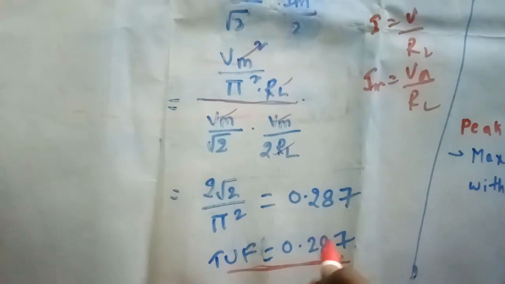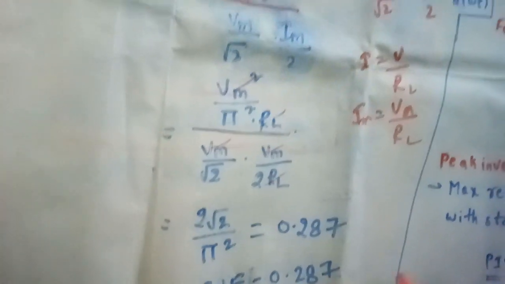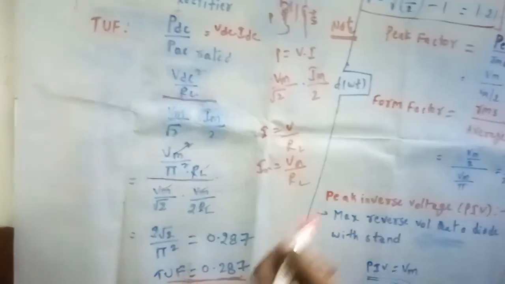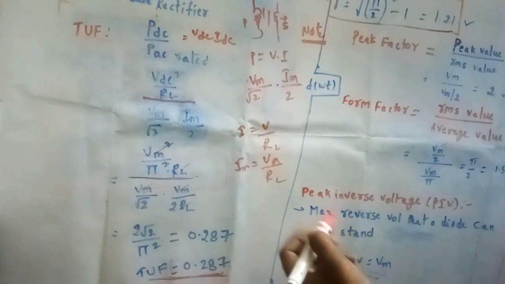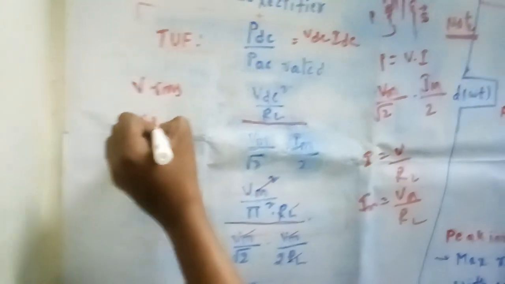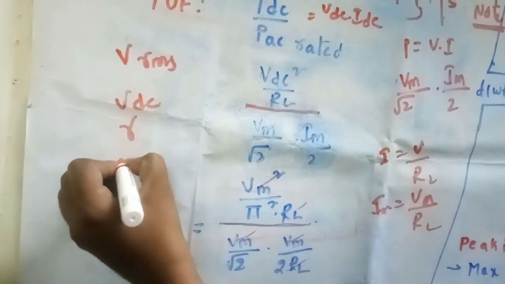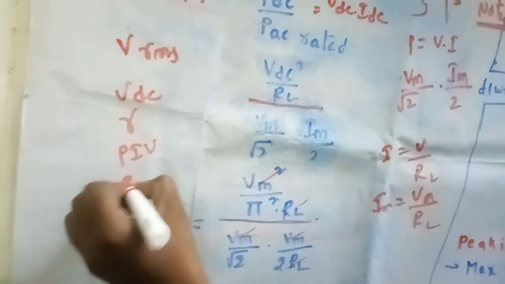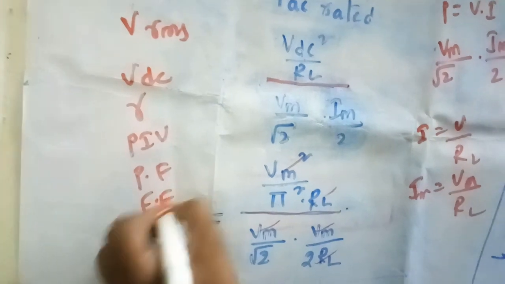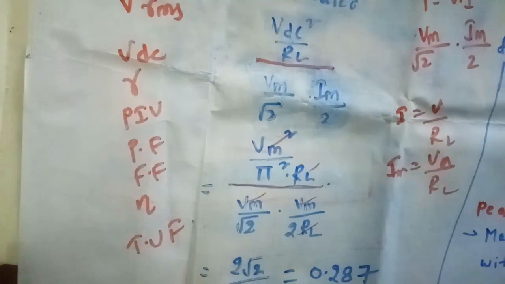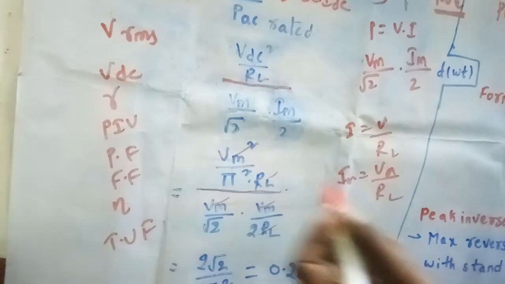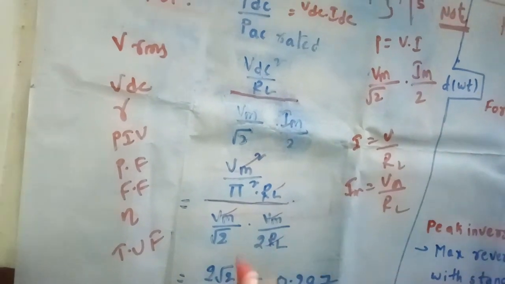Up to now we covered VRMS, VDC, ripple factor, transformer utilization factor, efficiency, peak factor, form factor, and peak inverse voltage. These are all the parameters for rectifiers. For all rectifiers we have to derive all these parameters. In examinations they may ask for all parameters or individual parameters.